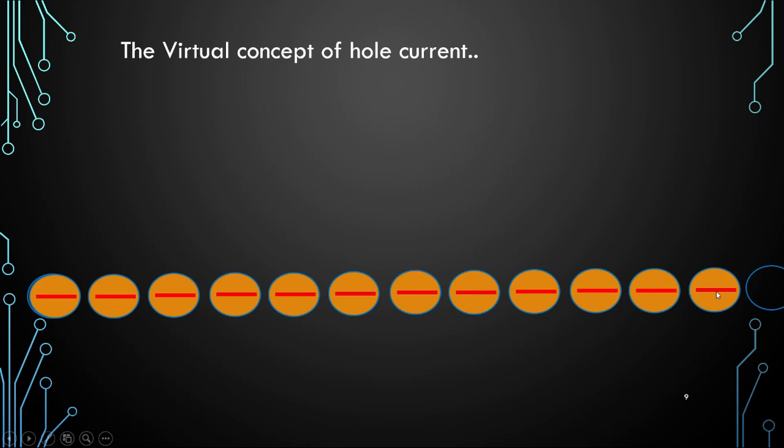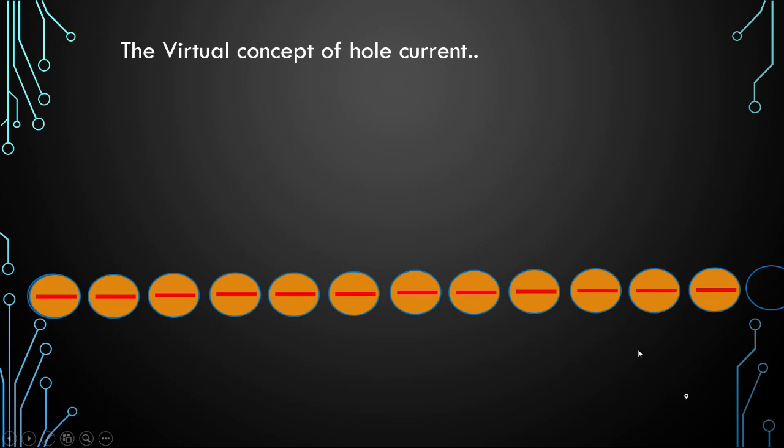The negative terminal will repel electrons because the terminal is negative, electrons are negative, and similar charges repel each other. But nature's law says that everything should flow from positive to negative, that is from higher potential to lower potential. So for mathematical calculation, we consider the conventional direction of current, which goes from positive terminal to negative terminal.